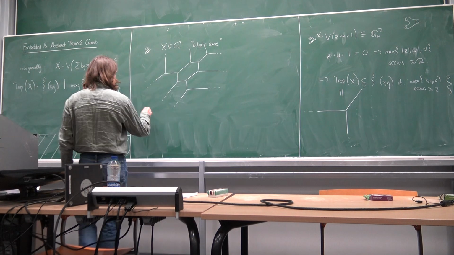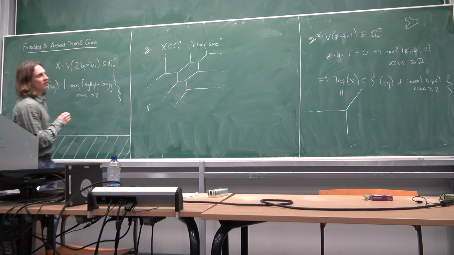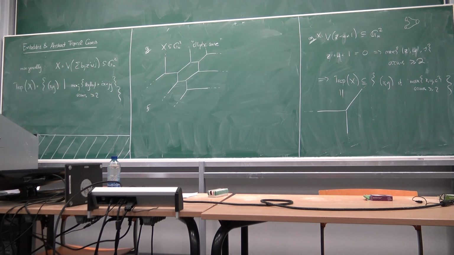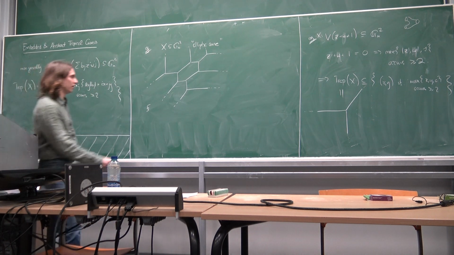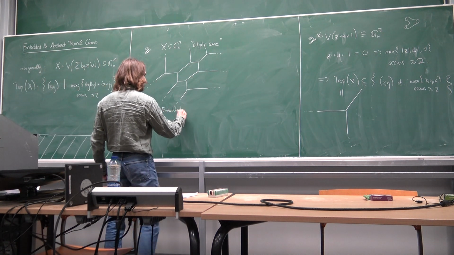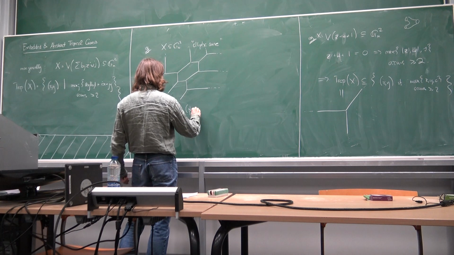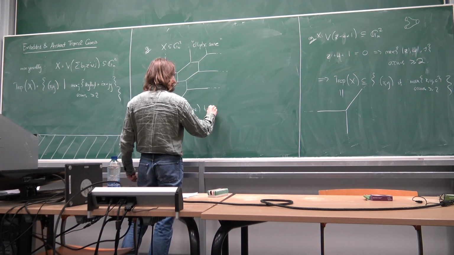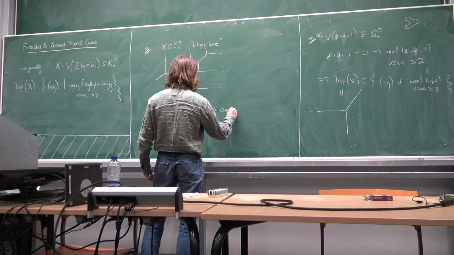Okay. And trying to describe exactly what we get when we do this process of tropicalization leads to the notion of an embedded, or at least a tropical curve, or at least an embedded plane tropical curve.